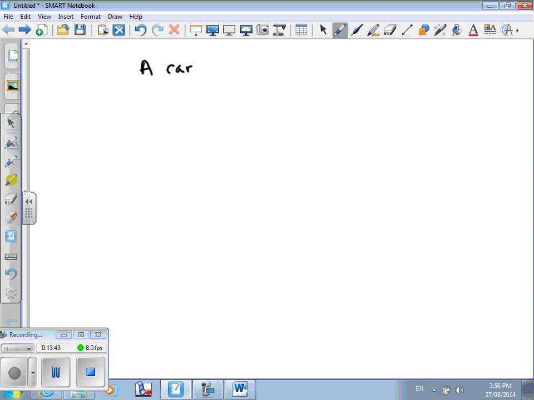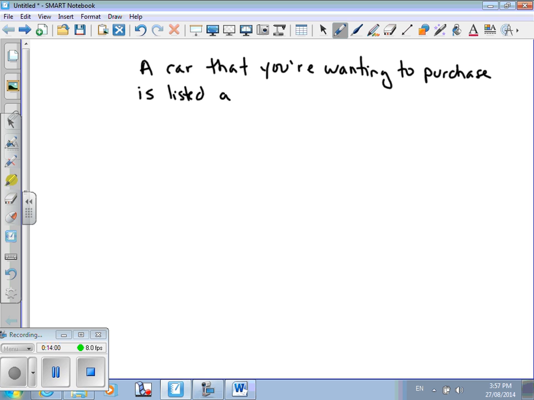A car that you're wanting to purchase is listed at $3,500.